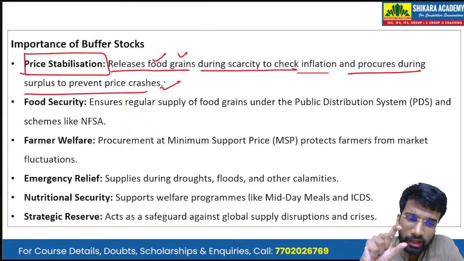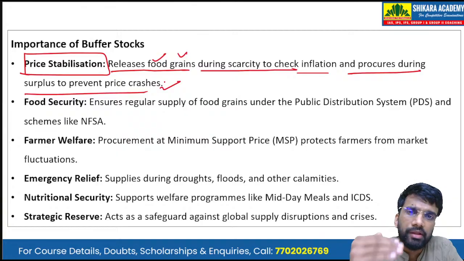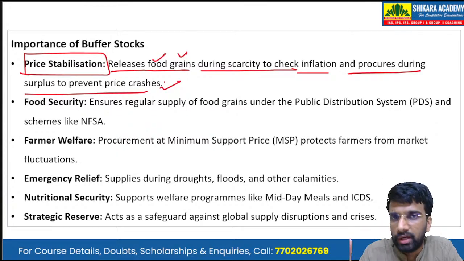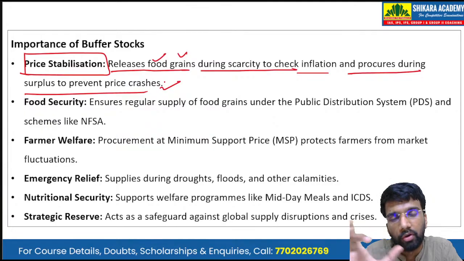Now, seeing the cropping calendar of the year, during the harvesting months or at a particular point in the year, there is a surplus of food grains in the market. So the prices, because of the demand-supply game, might crash.